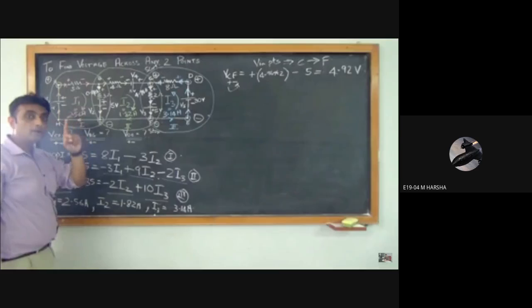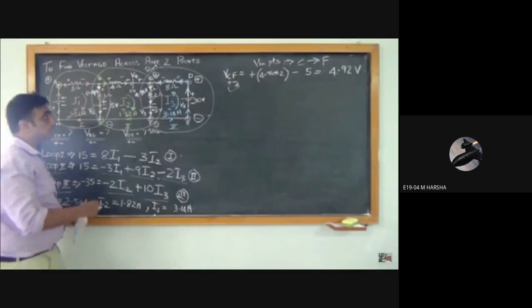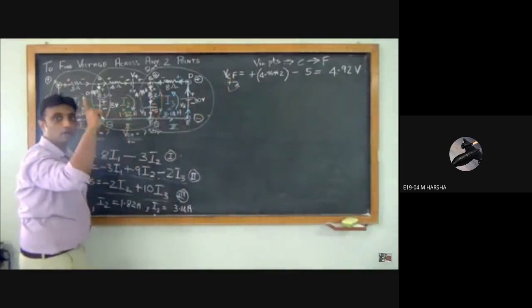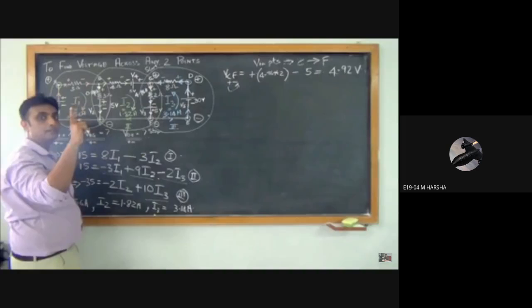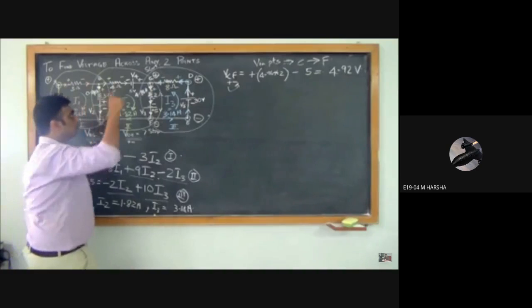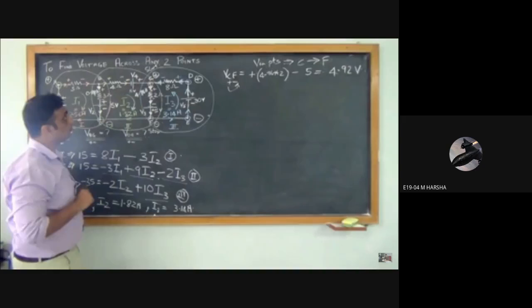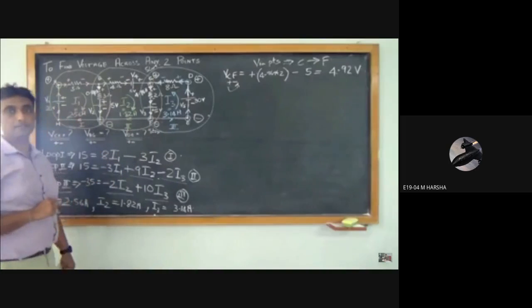The only point of consideration which you have to take into account is the polarity of the first terminal. Always remember, since the first terminal of your multimeter is positive, your first terminal will be connected across C, which is your positive terminal, and your second terminal will be negative.